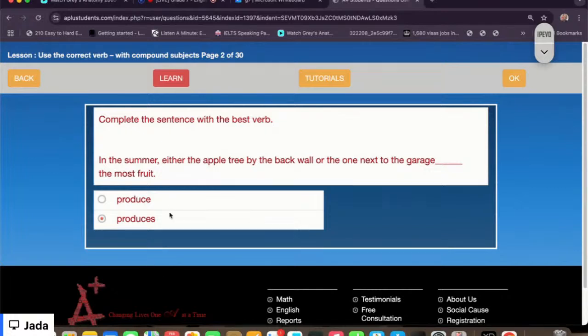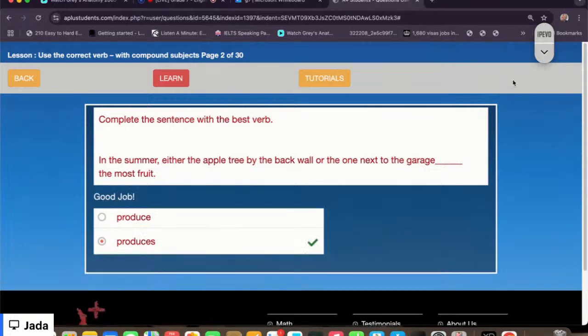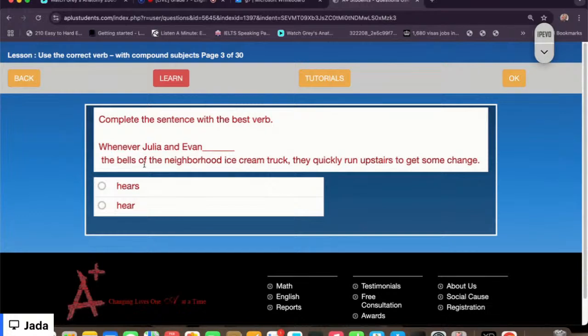So, produces the most fruit, because the garage is singular. So a singular subject, singular verb.